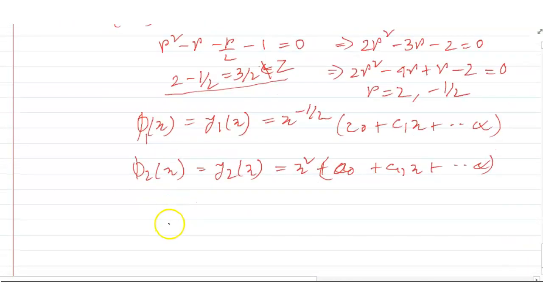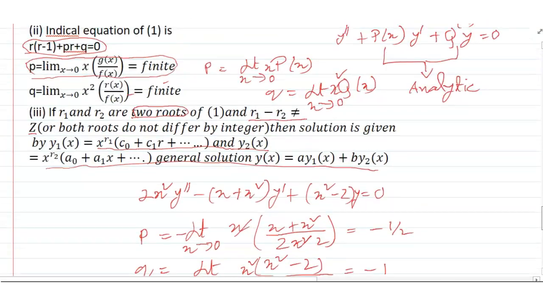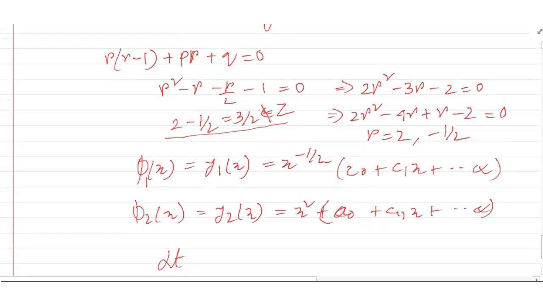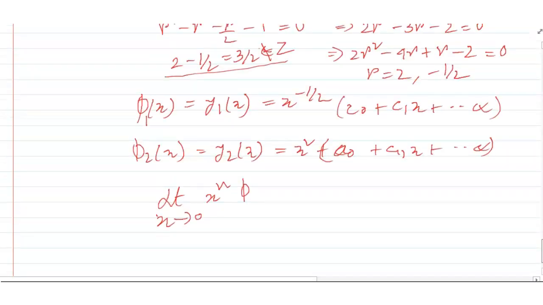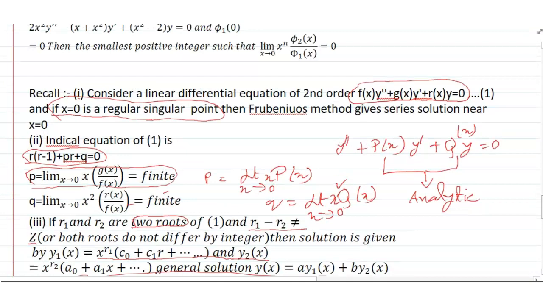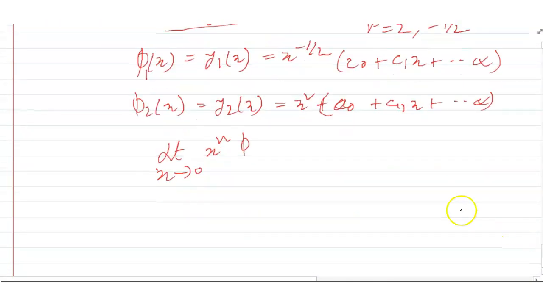Now I have to find out the limit x tends to 0 of x to the power n into phi 2(x) divided by phi 1(x).